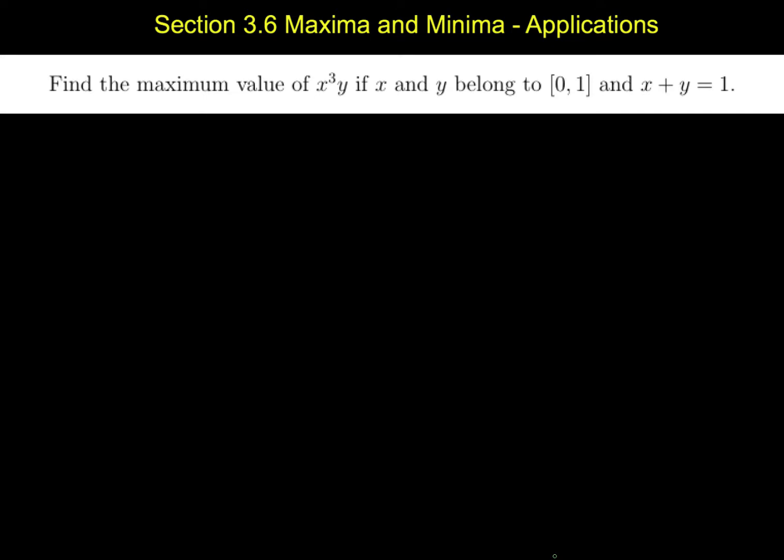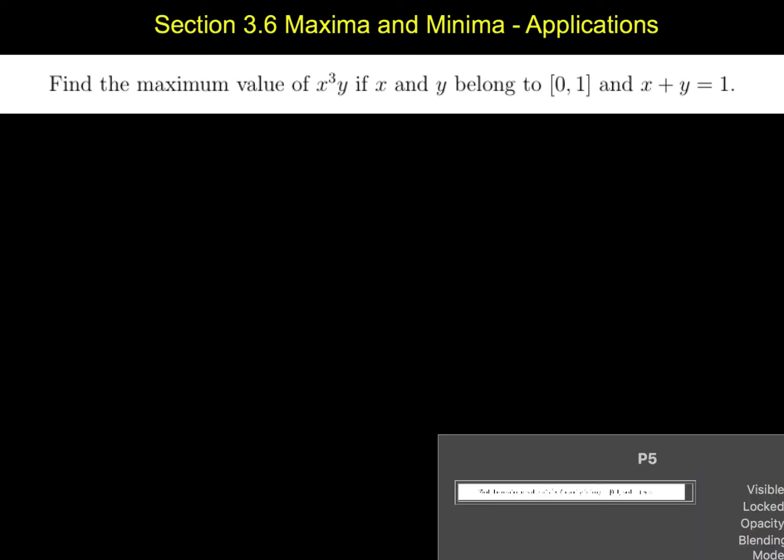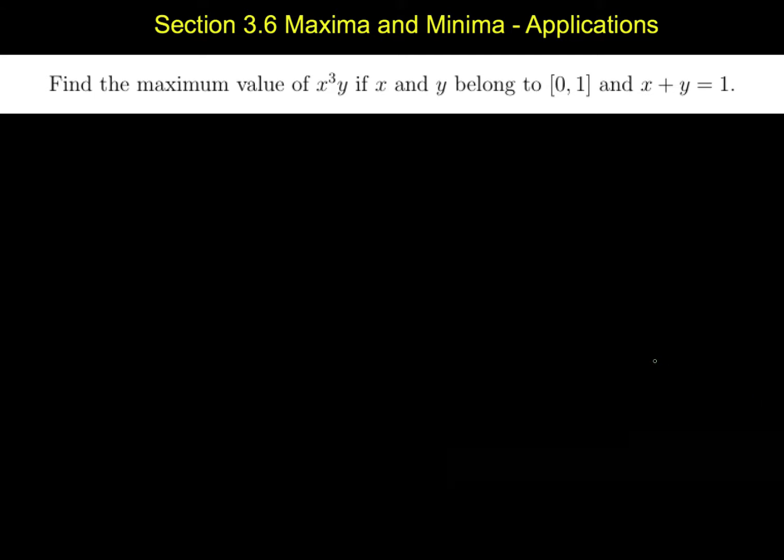So let's find the maximum value of x cubed times y if x and y belong to [0, 1], and x plus y equals 1. Now, the majority of the time when we're trying to solve these application problems, we'll have a function we're trying to optimize.